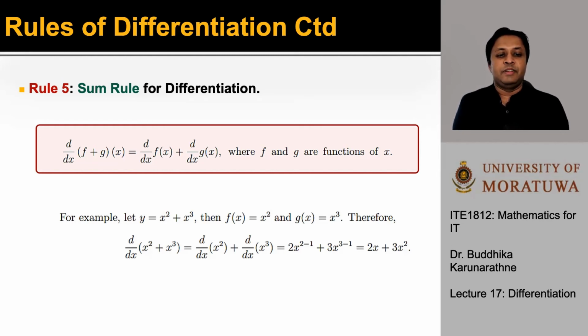If we want to take d over dx of x squared plus x cubed, then we can take the derivatives separately: d over dx of x squared plus d over dx of x cubed. d over dx of x squared will be equal to 2 times x to the power 2 minus 1, and d over dx of x cubed would be equal to 3 times x to the power 3 minus 1.